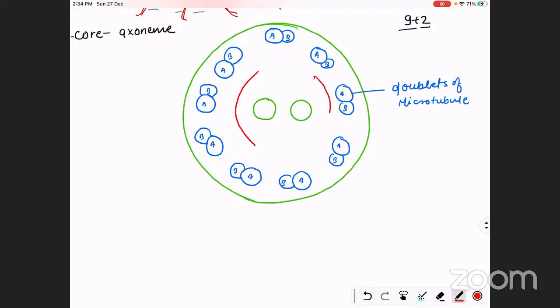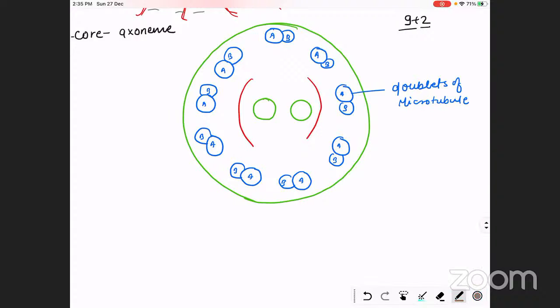The central microtubules are covered by the central sheath. This is the central sheath, and they are connected by a bridge.